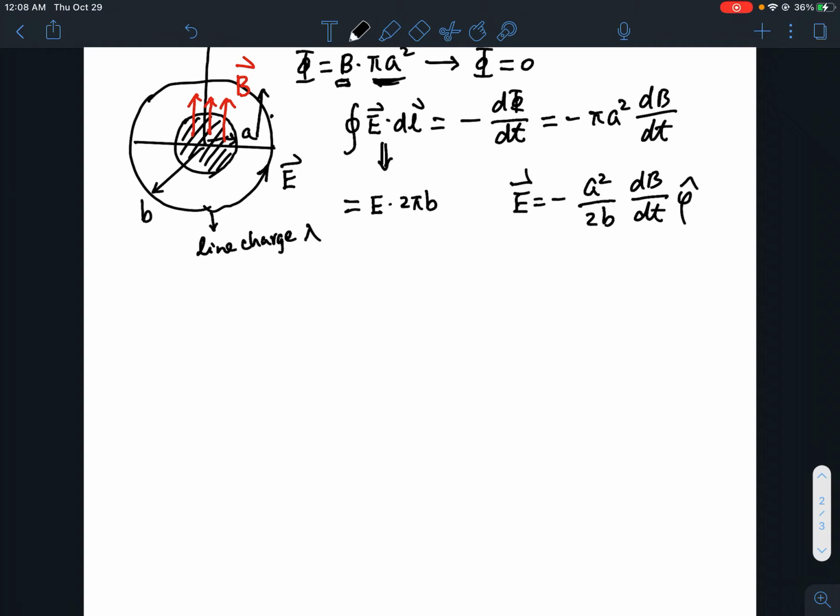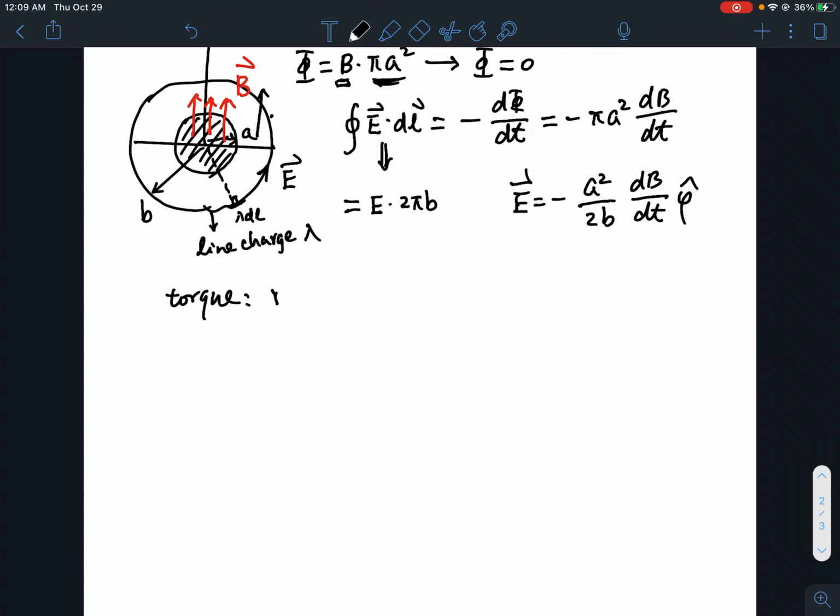Now we can look at the torque. We can look at a small amount of charge, that is lambda dl, and we want to find the torque applied on this small element.